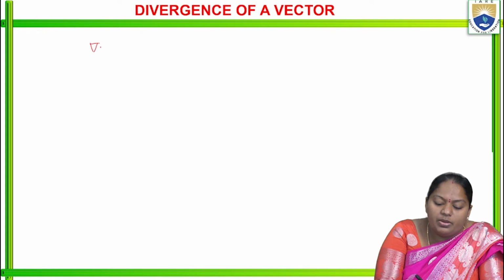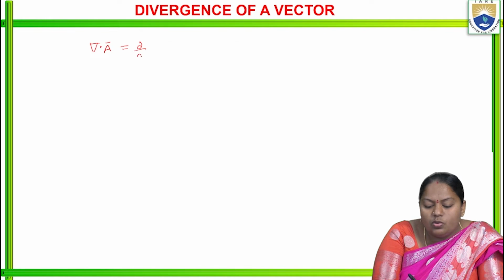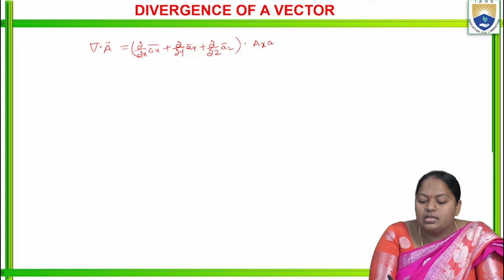The divergence can be represented as del dot A bar. See, del can be written as dou by dou x into ax plus dou by dou y into ay plus dou by dou z into az. Dot A means vector A can be written as ax plus ay plus az. Right?